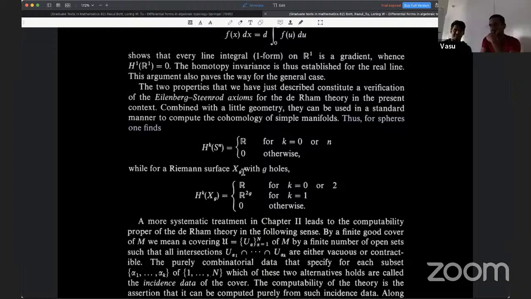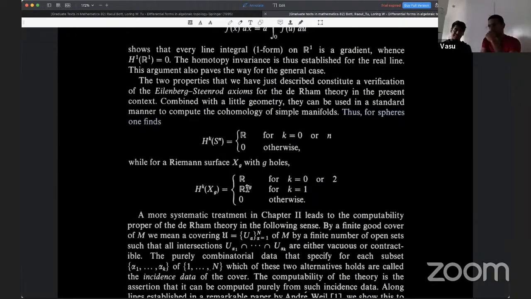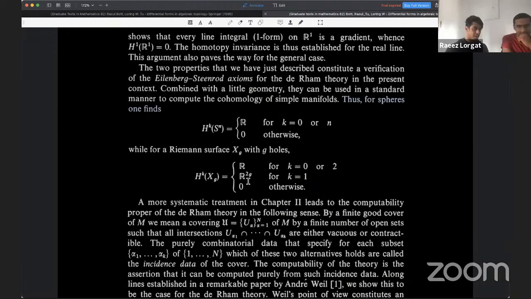Another nice example is the genus g Riemann surface. Now, unlike the homotopy situation where we just have no idea what's going on in sufficiently high degree, although we can see what's going on in certain low degrees, here we can compute precisely what the cohomology groups are. And it turns out that there's exactly one dimension's worth of non-trivial differential forms representing the point class and representing the fundamental class of the whole thing.